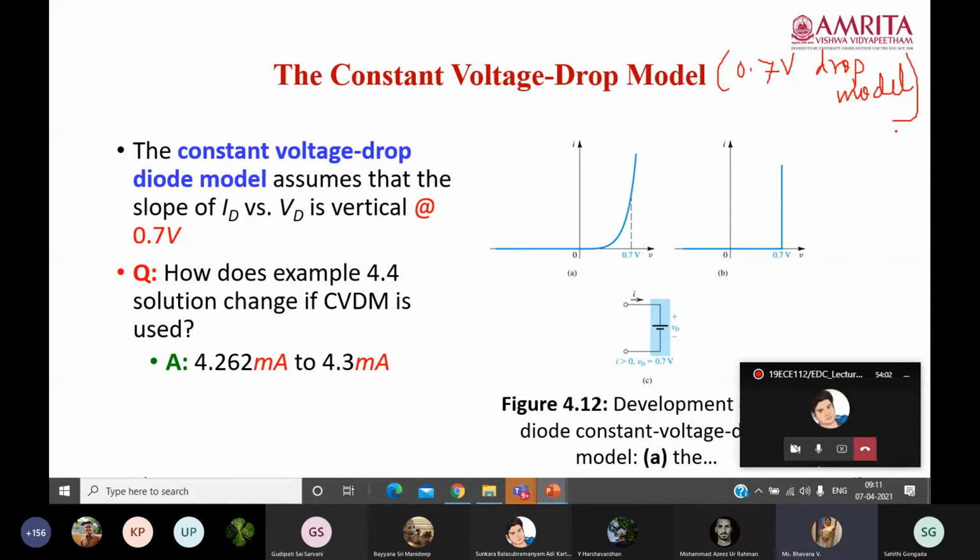Forward conducting diode exhibits a constant voltage drop VD. Usually VD is taken as 0.7 volt.